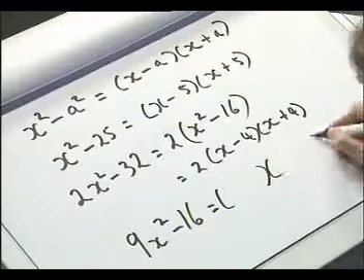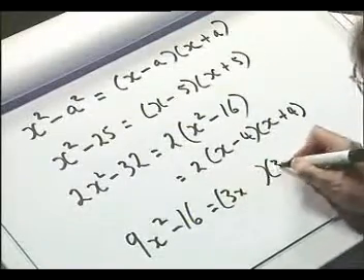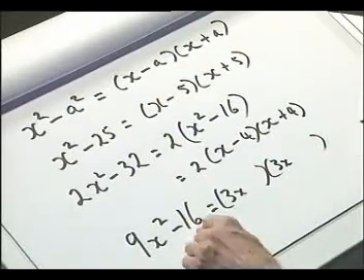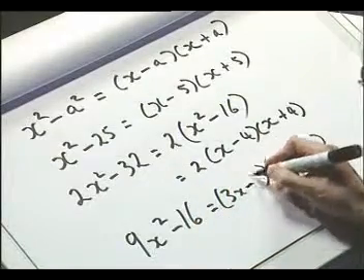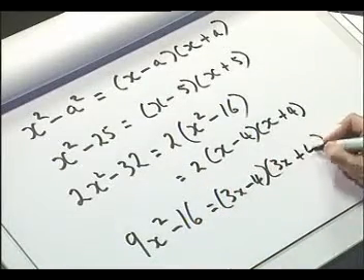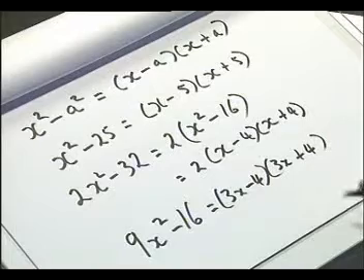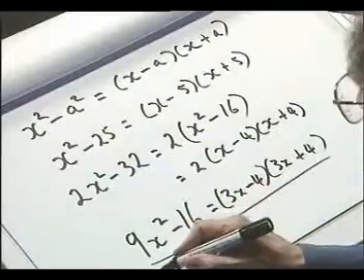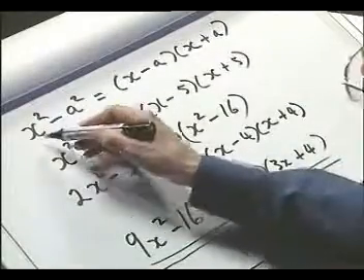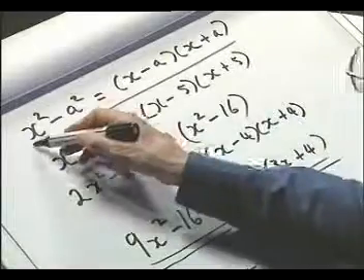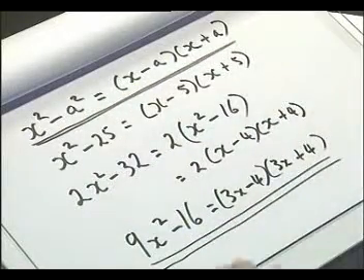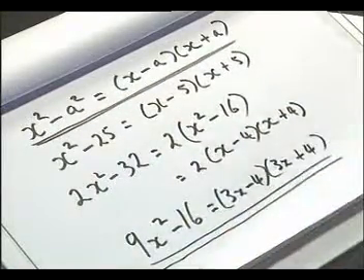This must be 3x and 3x, and the 16 is 4 squared, so 3x minus 4, 3x plus 4. And again, this is still the difference of two squares. So that's the first special case, and we really do have to learn that one and remember it, because it's a very, very important factorization.